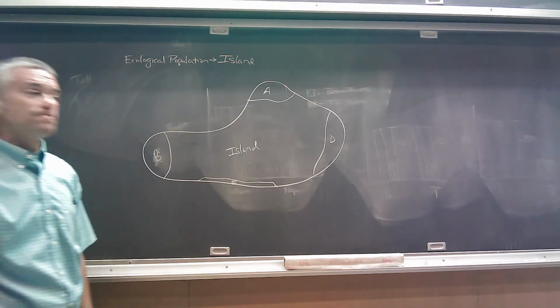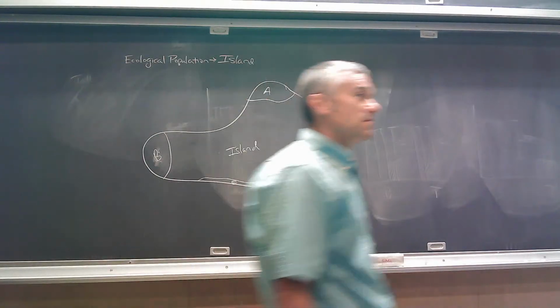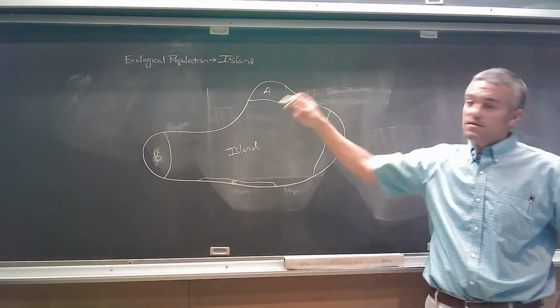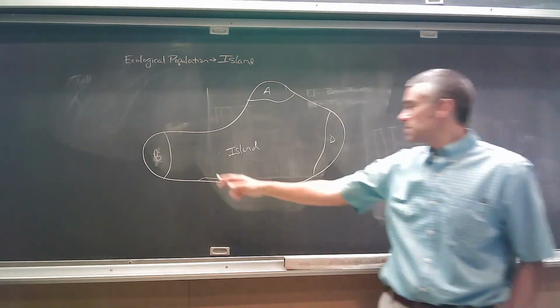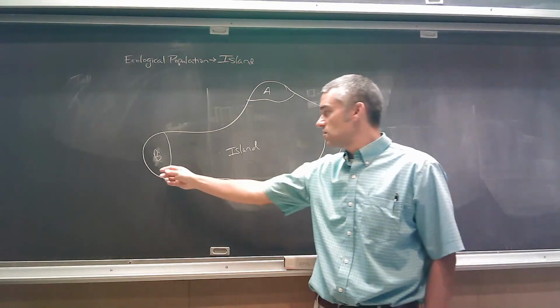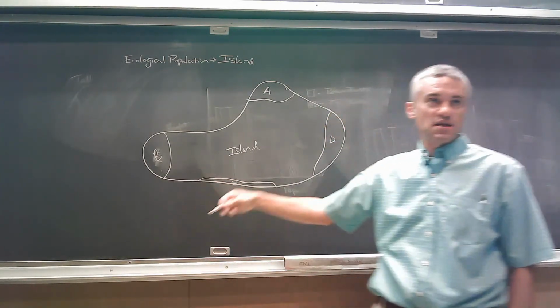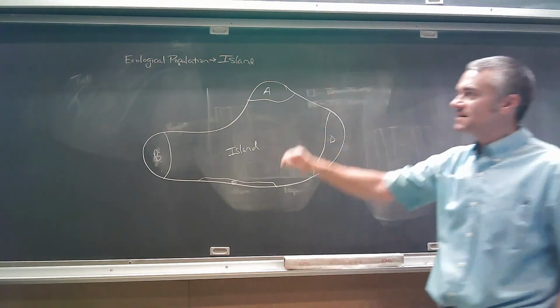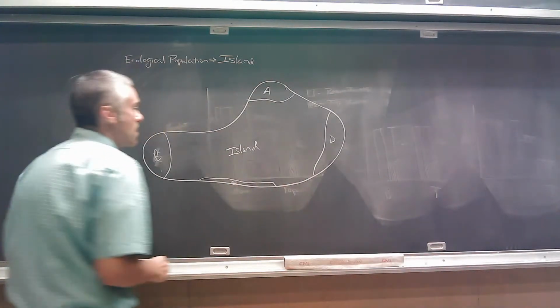Maybe. They could go out and feed between areas. You could say B doesn't interact with D, but maybe it could. B can interact with C, which then interacts with D. Kind of an indirect type of interaction. But we've defined our area as the island, and that could be our ecological population.